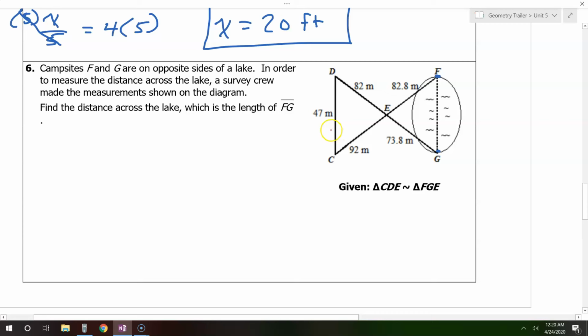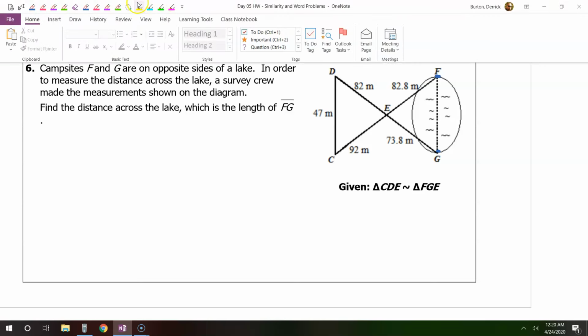Okay, let's use the fact that we are given right here, triangle CDE is similar to triangle FGE. So let's use that information to sort of match up our corresponding sides.